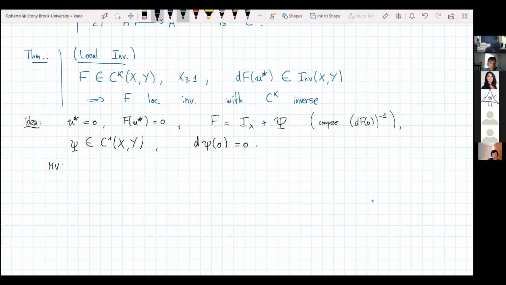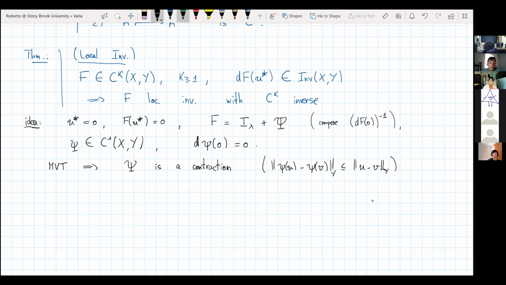So the mean value theorem implies that this psi is a contraction. That means that the norm of psi of U minus psi of V in Y is less than the norm of U minus V in X, sorry.